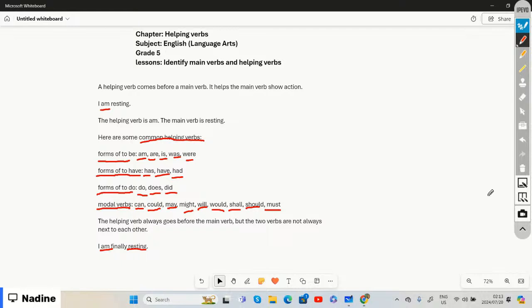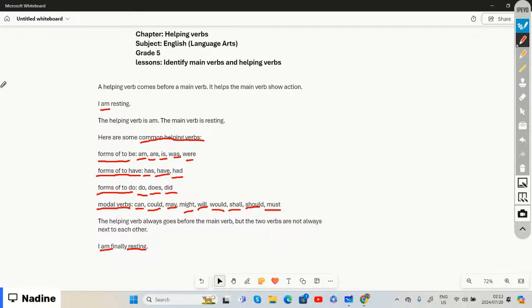All right. And we say that helping verbs, like I said before, usually come before the main verb, but certain helping verbs do not come directly or immediately before their main verb.